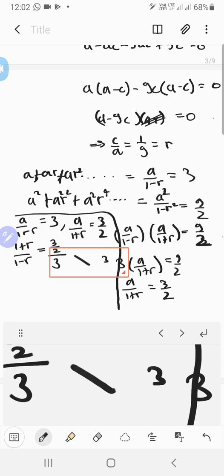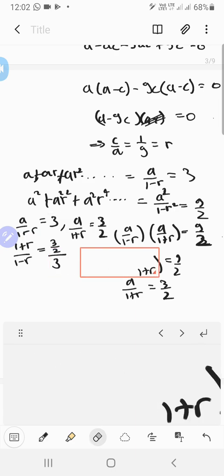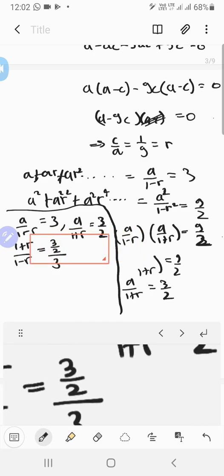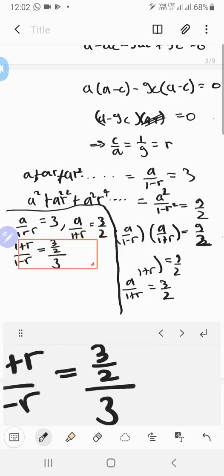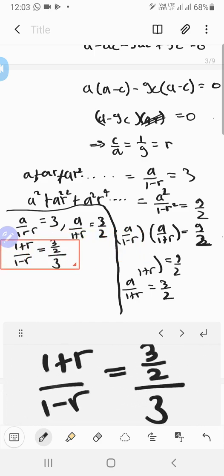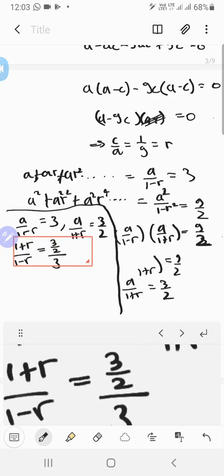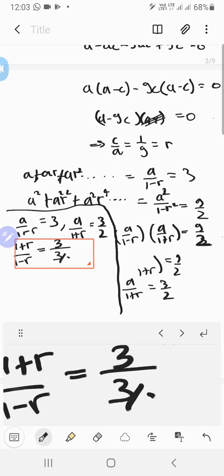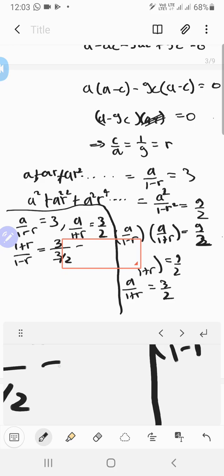No, wait, sorry, this will not work. I think I just missed the whole order. So a upon 1 minus r upon a upon 1 plus r would give us 1 plus r upon 1 minus r, which is 3 upon 3 by 2.